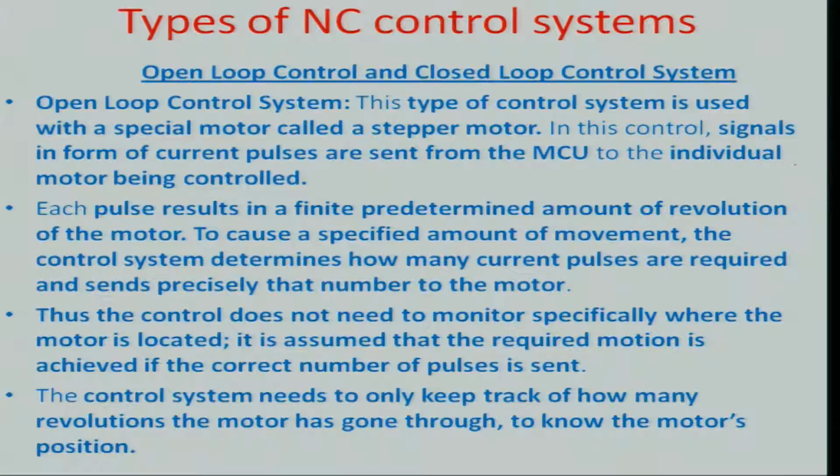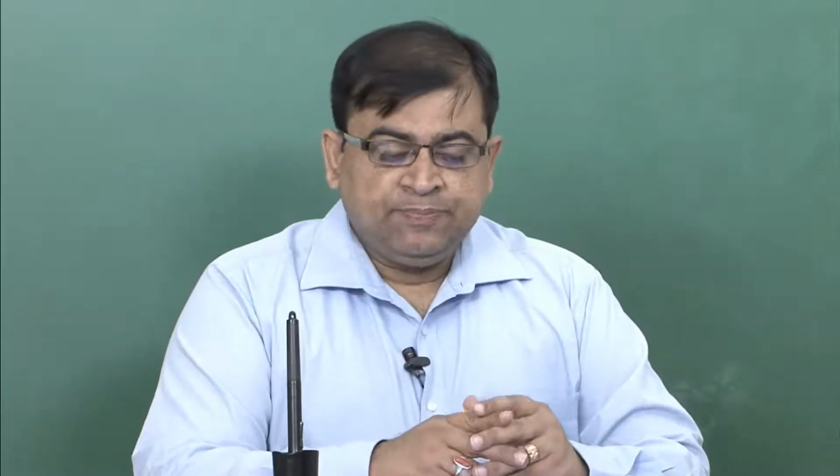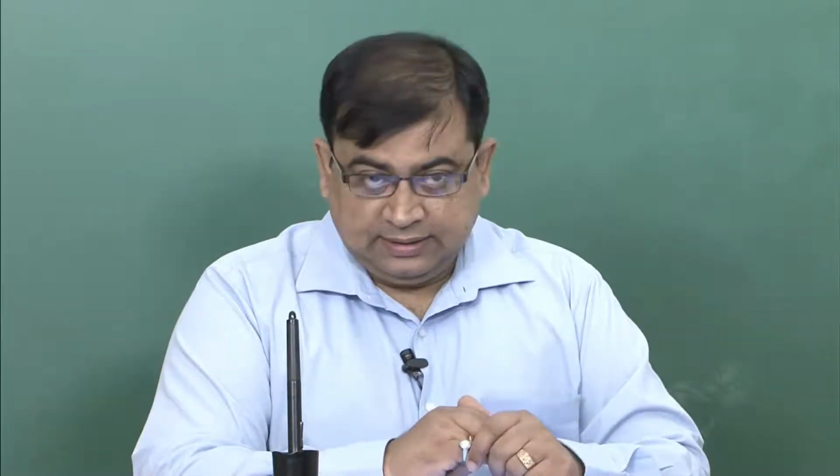So if we look at the various ways in which the automated operations within an NC system happen, there are two different kinds of motion control which are generally executed within the whole NC domain. One is given by a DC motor, direct current motor.